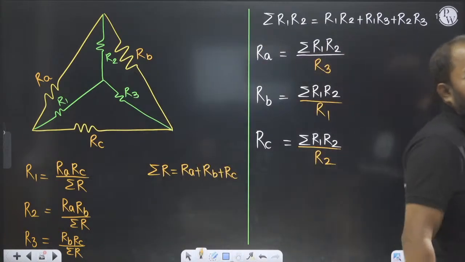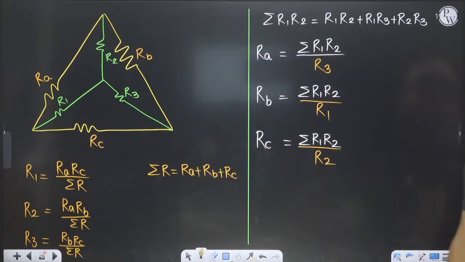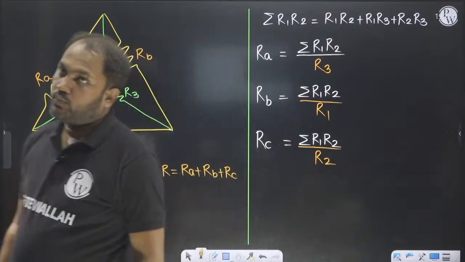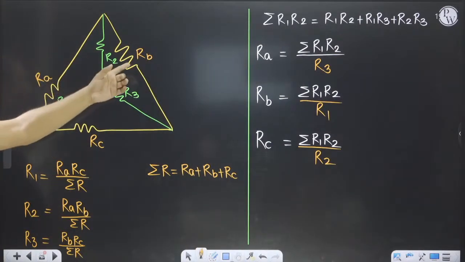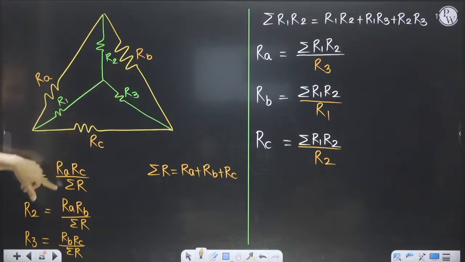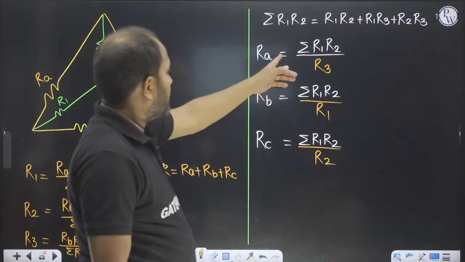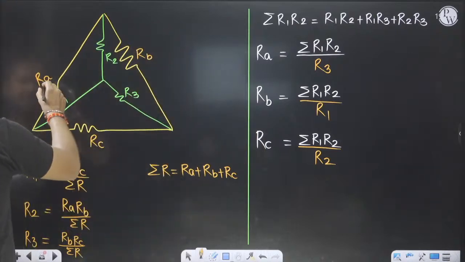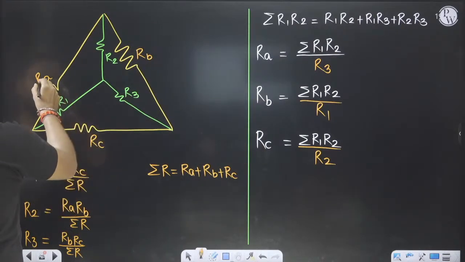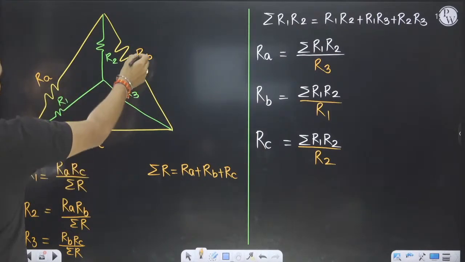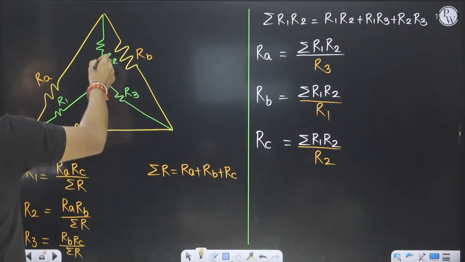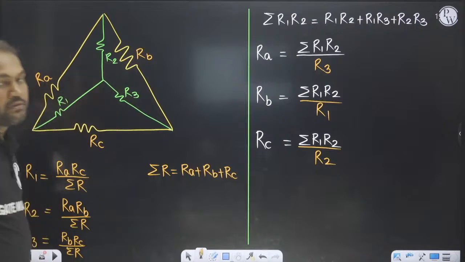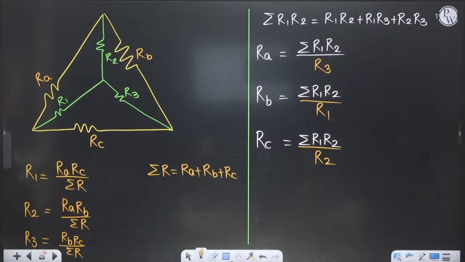So you can go through the formula like this. So what we have decided? For R1, RA RC, R2, RA RB, R3, RB RC, divided by summation of R. For RA, RB, RC: RA opposite R3 divided by R3, RB opposite R1 divided by R1, RC opposite R2 divided by R2. So this is the formula for this one.